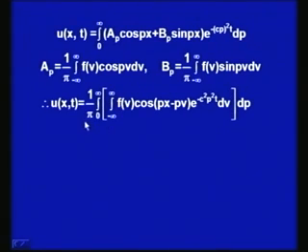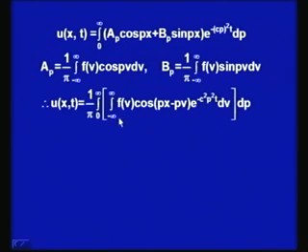So, we are getting the solution u(x,t) as 1 upon pi, integral 0 to infinity, integral minus infinity to plus infinity f(v) cos(px minus pv) times e to the power minus c square p square t dv, then integrated with respect to p, that is dp.